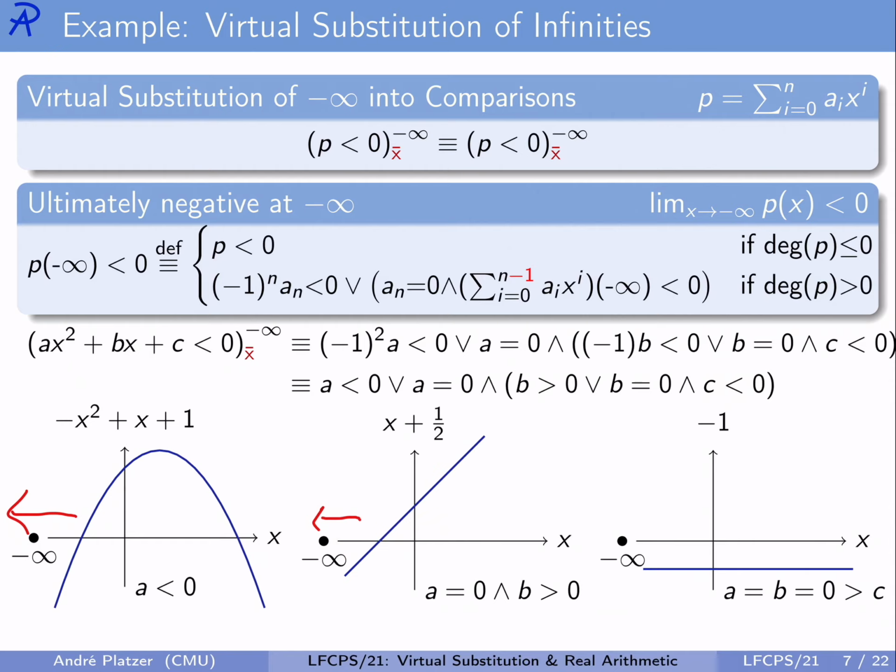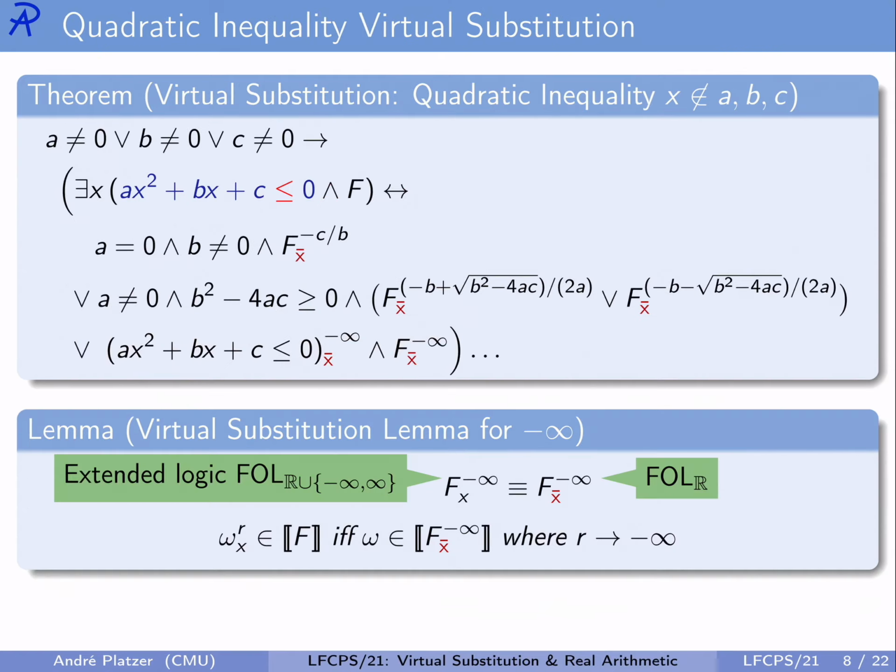And for the case where a equals 0 and b equals 0, but c is negative, it's actually this case here, for example the constant polynomial minus 1, we also find, if we keep on walking infinitely further to the left, that the sign is negative. Well, this seems to work just fine. Now, that defines for us virtual substitution for quadratic inequality solutions, linear solution, quadratic roots, or the infinitely small number minus infinity.